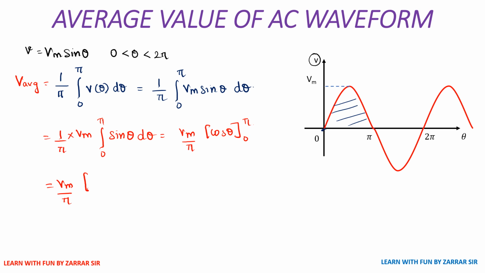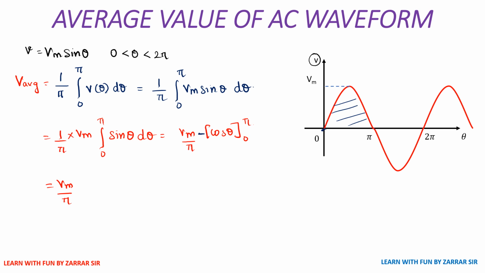Remember, integration of sine theta is minus cos theta. So I'll write minus over here. Now if I substitute pi as cos pi, minus minus will become plus. So I'll write minus of minus 1. If you're having trouble with this, the best way is to write this minus outside.